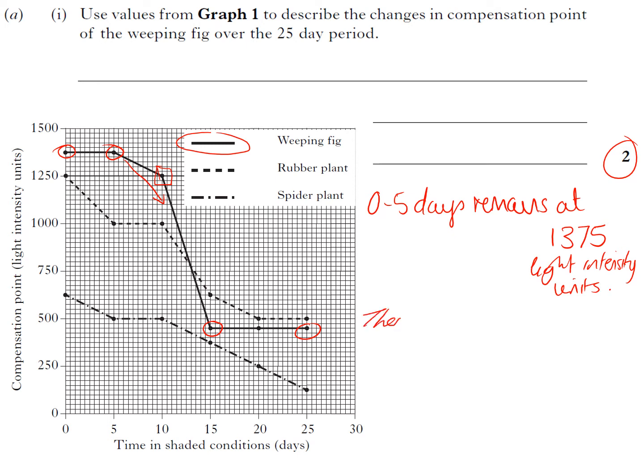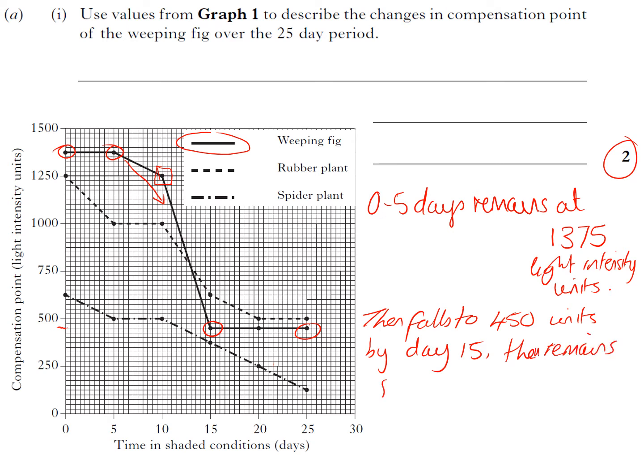Then falls to, and what have we got here? Can't seem to get that to read cleanly. What's that? 450 units by day 15. Then remains the same to day 25. There we go, there's your points.